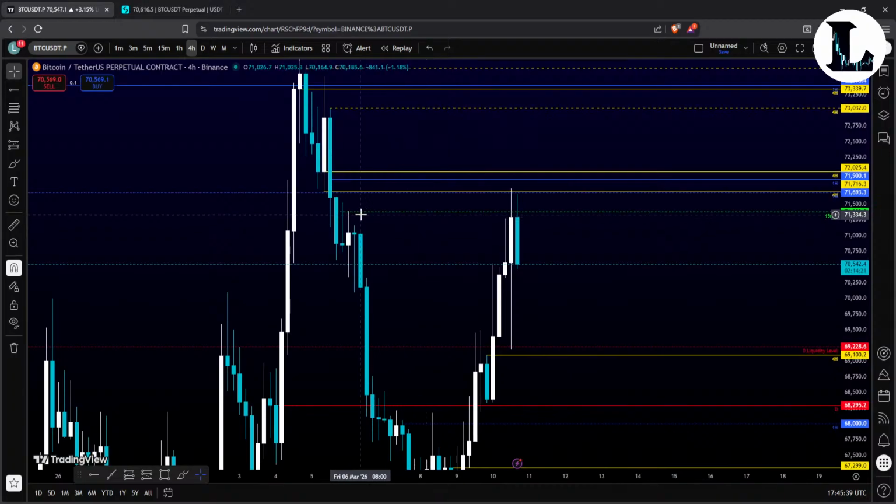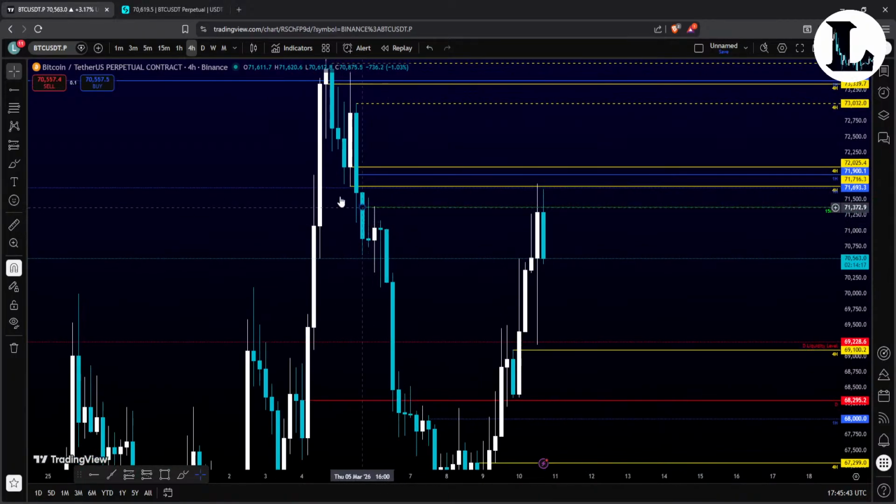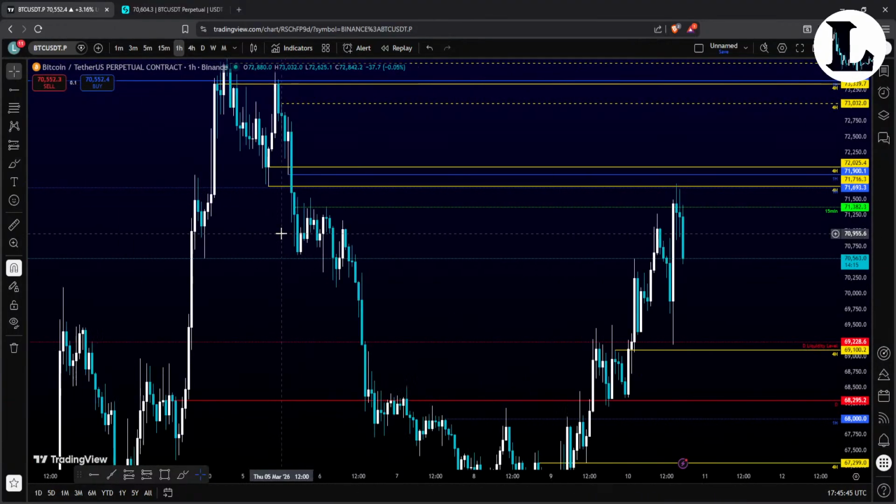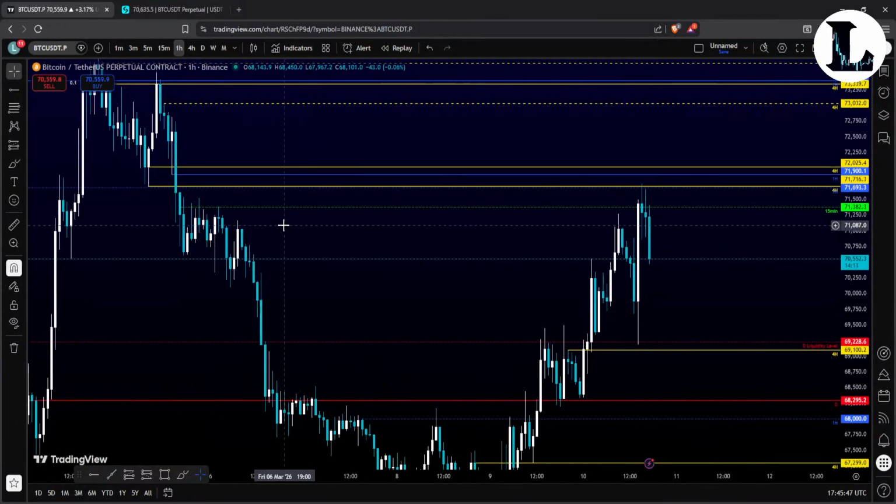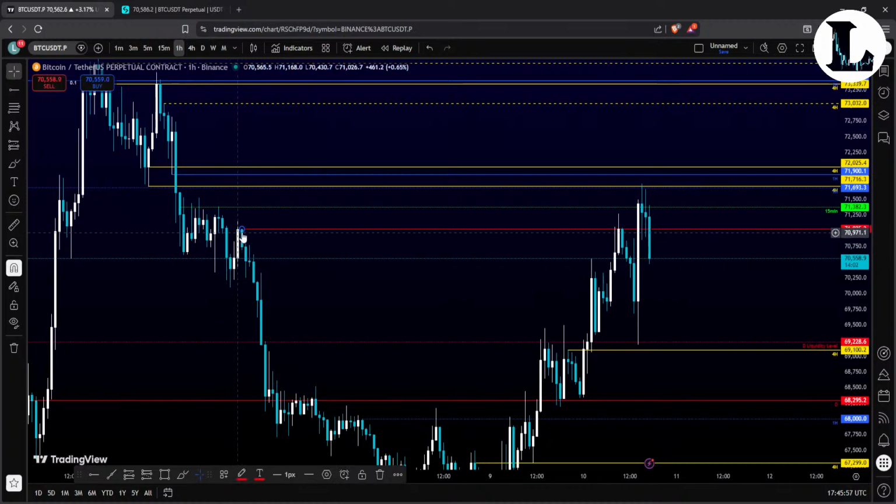Okay, but I wanted to see that just because by creating the 15, we probably already have the 1 hour here. Okay, so we create the 15 first, sorry. We already have this 1 hour as a possible liquidity.